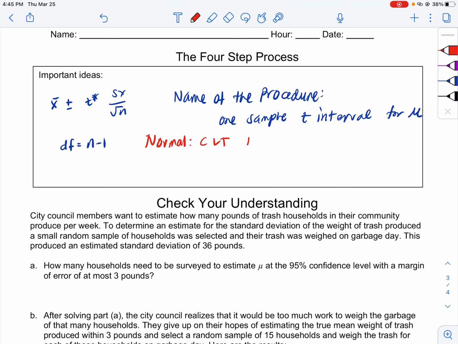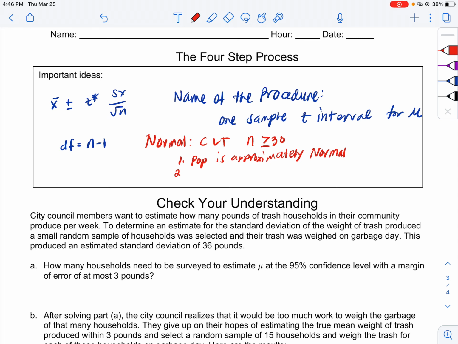And CLT means that n has to be greater than or equal to 30 for it to be approximately normal, right? So when the population is approximately normal, so the sampling distribution is also normal, correct?